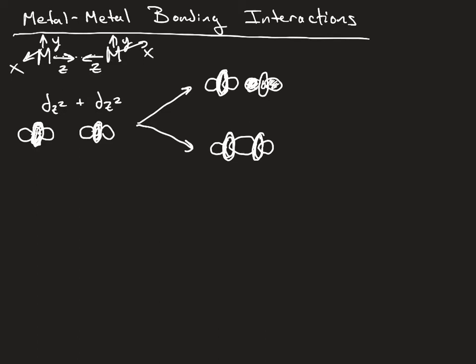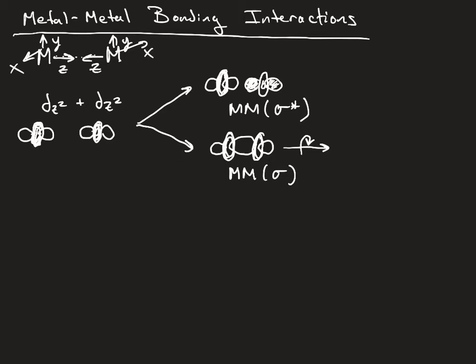If we look down the metal-metal bond, what you find is that this has cylindrical symmetry about that metal-metal bond. This is therefore a metal-metal sigma bond. Its antibonding counterpart is your metal-metal sigma star orbital.